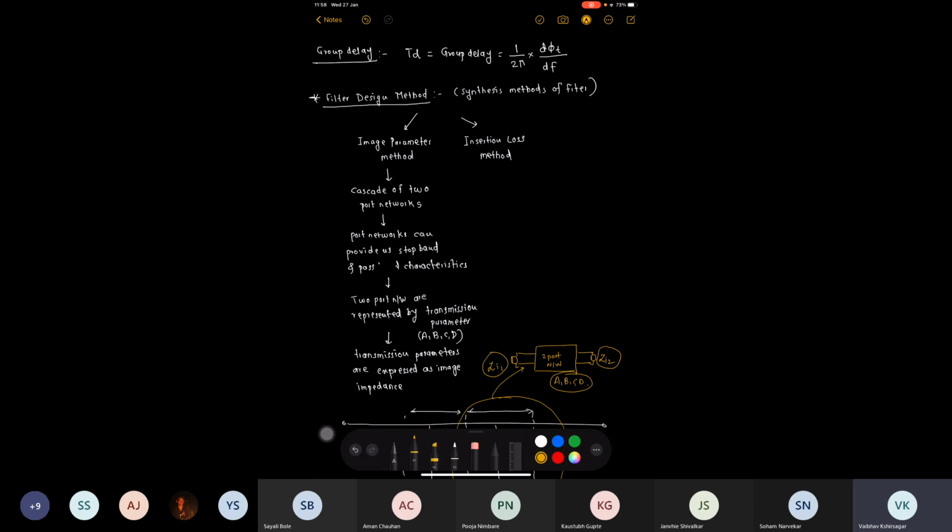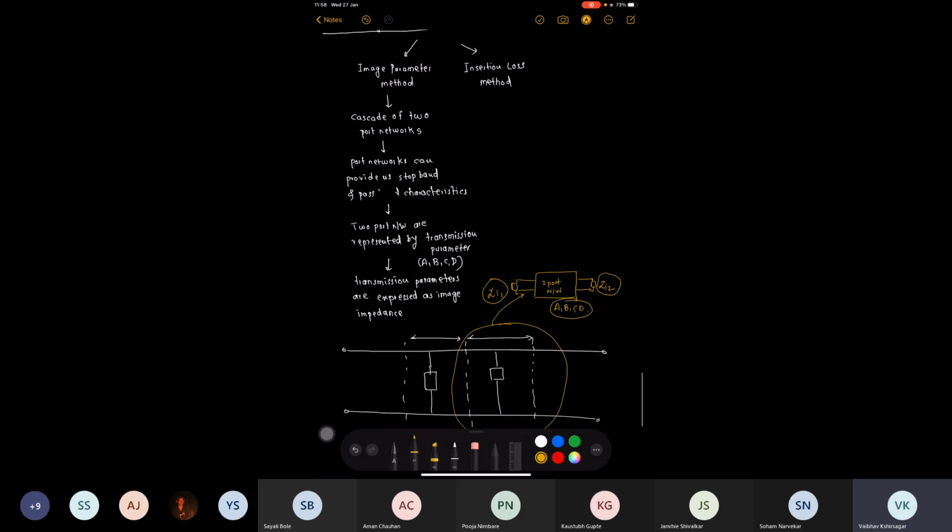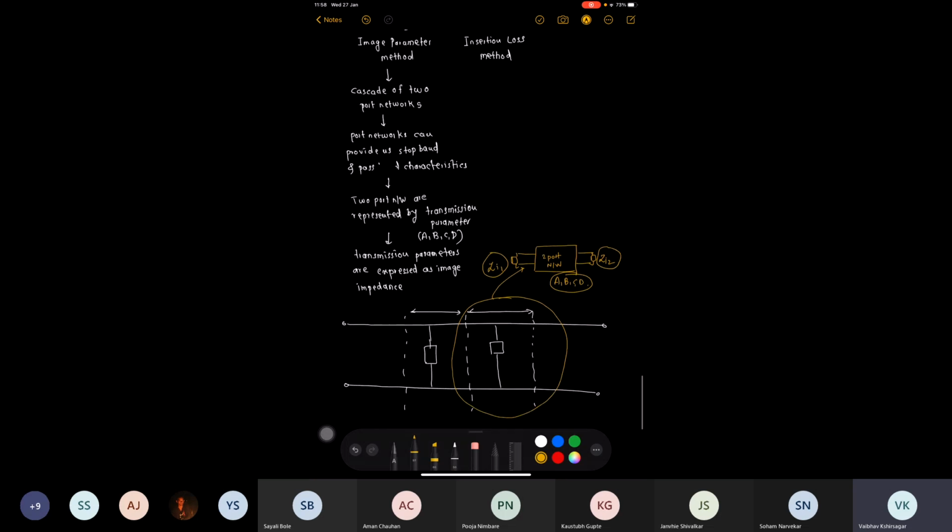So the image parameter method relies on each filter section, because we are going to represent each section of this unit cell of a transmission line as a unique filter. Therefore, the design of a filter using this synthesis method relies on the performance of each filter section or component. These filters are usually terminated with a fixed resistance and they cannot match perfectly at one particular specific frequency.